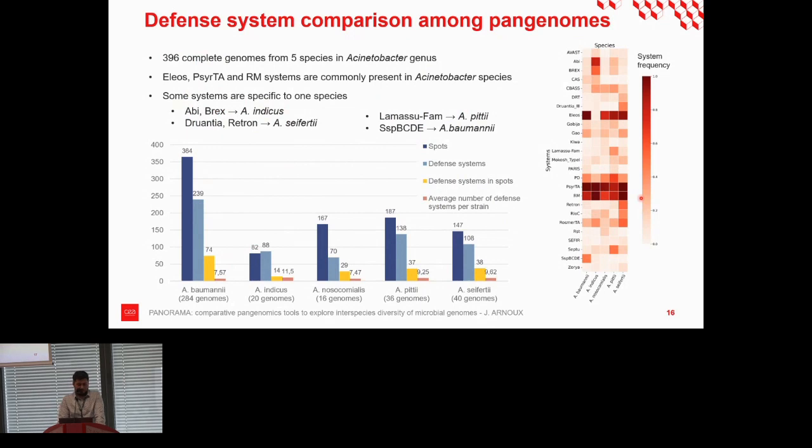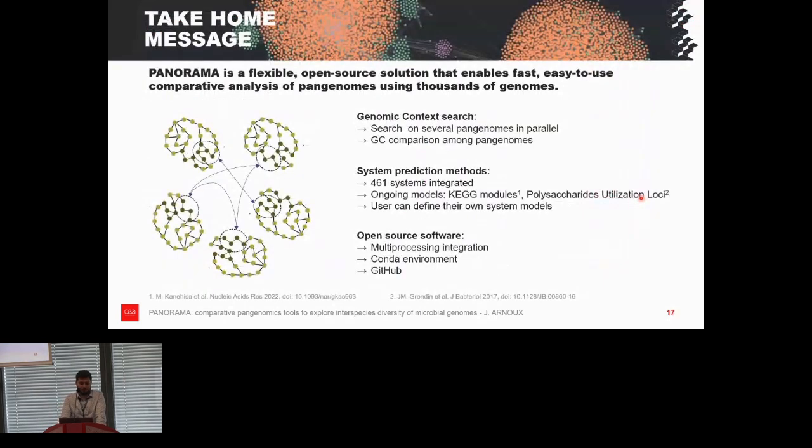So in conclusion, today I presented to you PANORAMA, a flexible and open source solution that enables fast and easy to use comparative analysis of pangenomes. There are two important features, the genomic context search and the genomic context comparison, sorry.